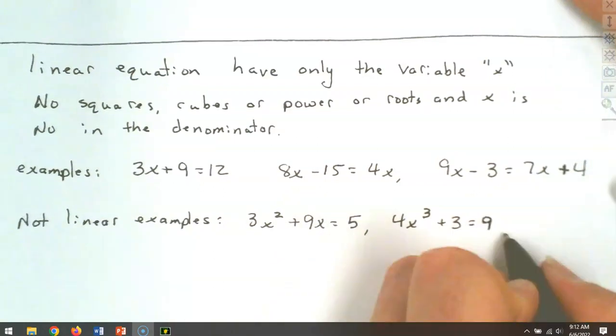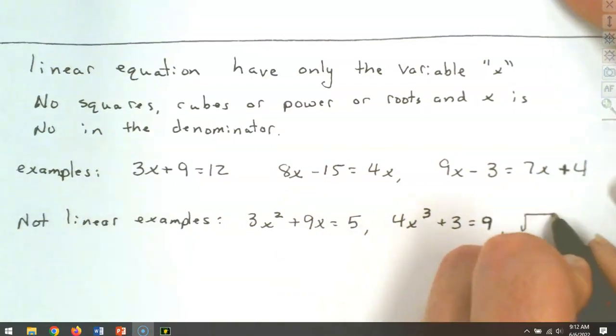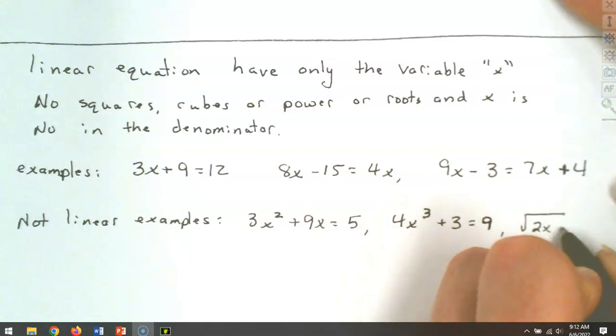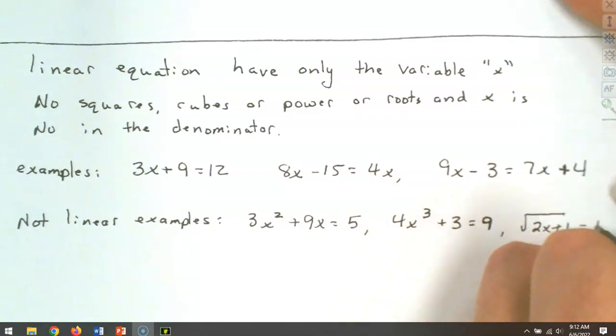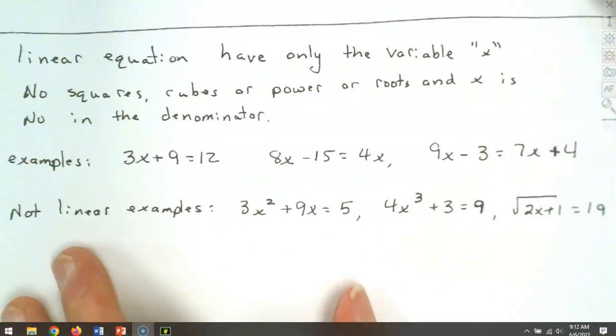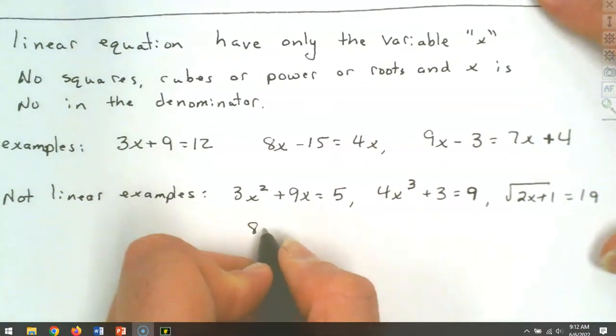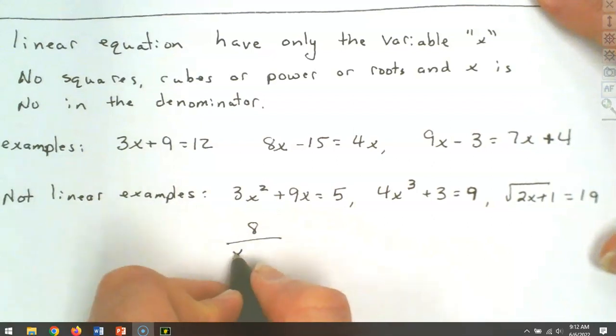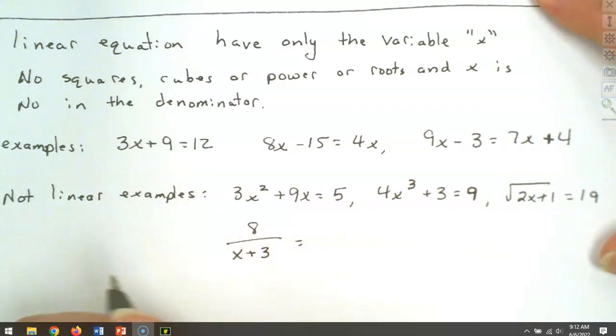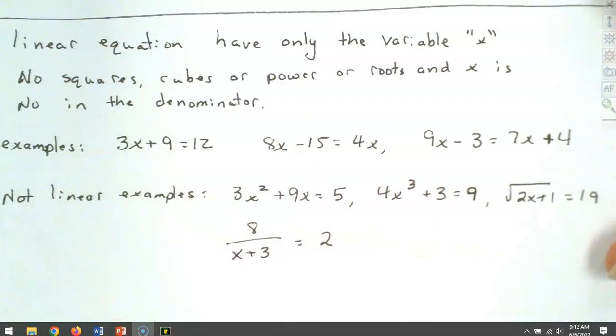Nonlinear. The square root of 2x plus 1 equals 19. Nonlinear. And this is also nonlinear. 8 over x plus 3 equals 2. So those are all examples of things that are not linear, also called nonlinear.